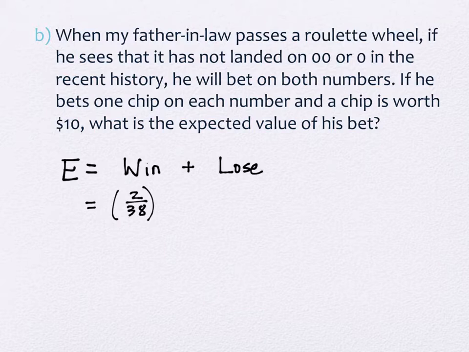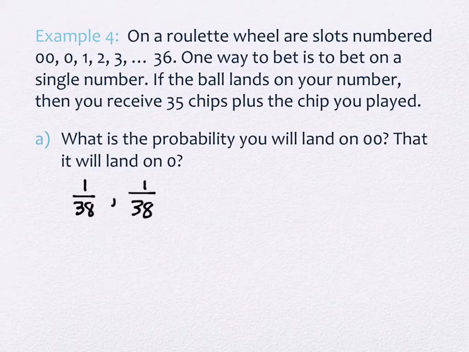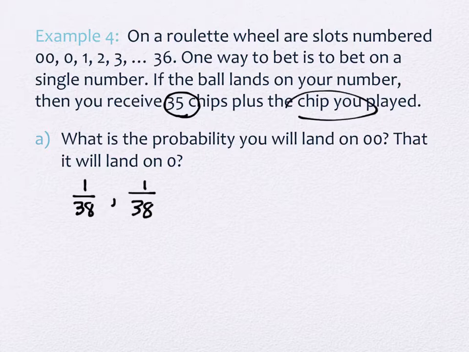You're right. But how much does he receive back if he wins? The 10 plus the 35 chips. Close, you're close. So it's here and the original one chip, the chip you played.